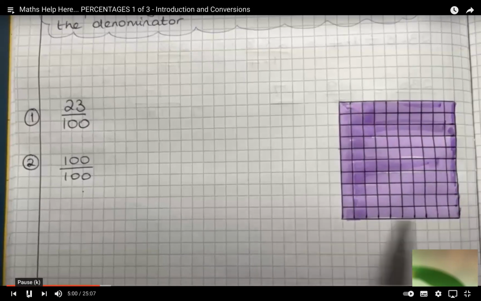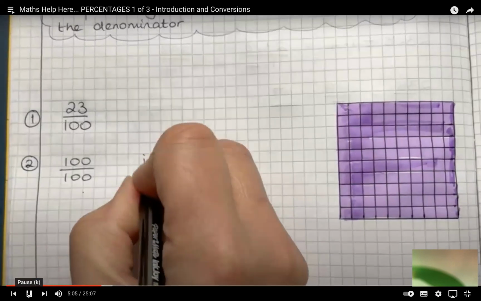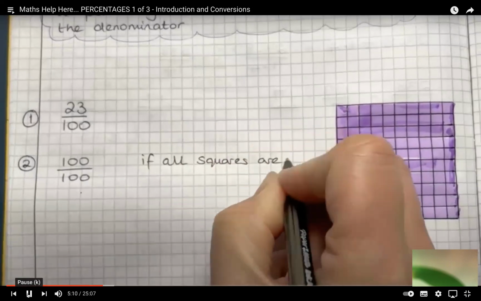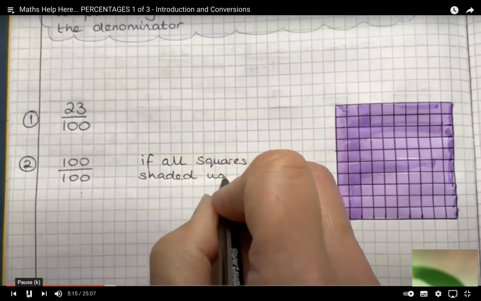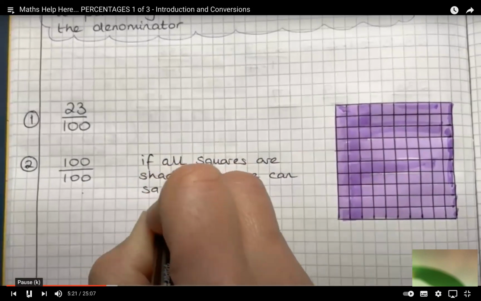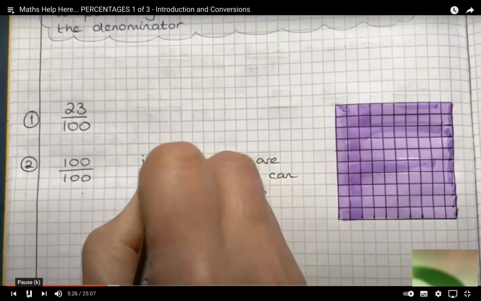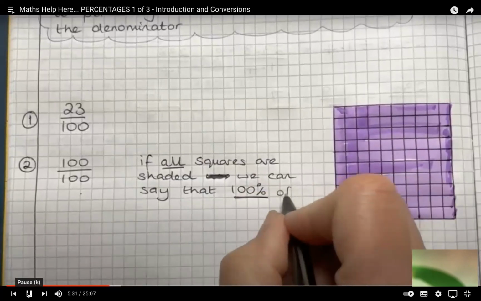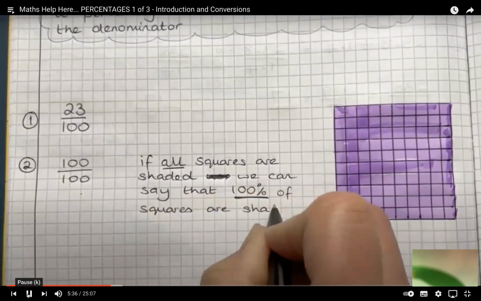So I can now say that 100% of my squares are shaded, so 100% represents the whole amount, or 1. So let's write that down again as a key point. If all squares are shaded, we can say that 100% of squares are shaded.